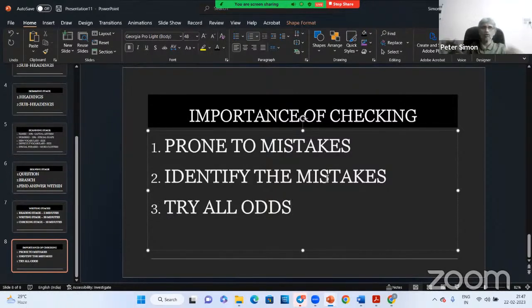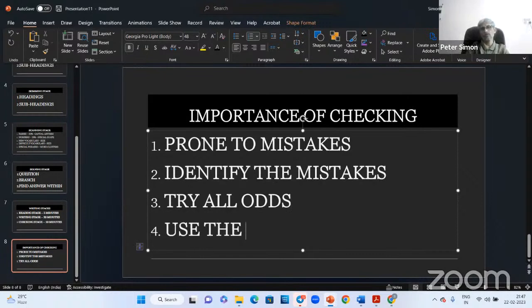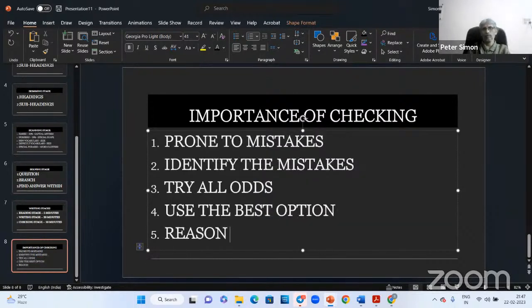Think options. All odds means all options. Think this. Then use the best option. Reason the quality. These are the 5 steps.